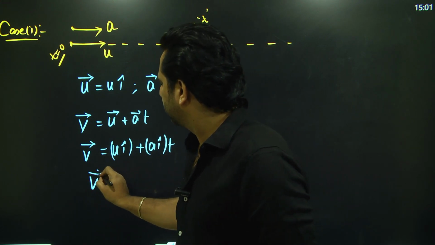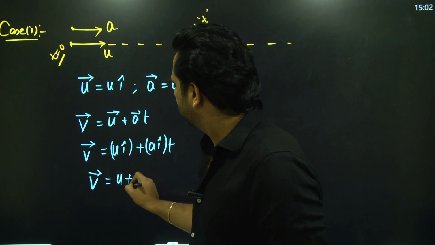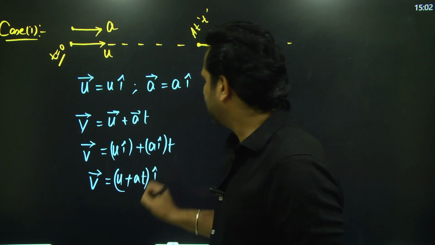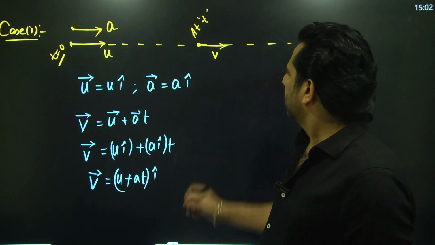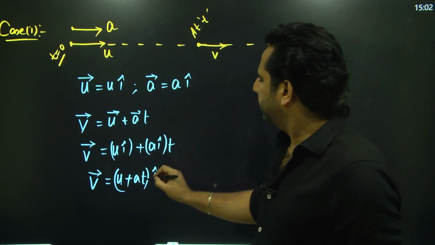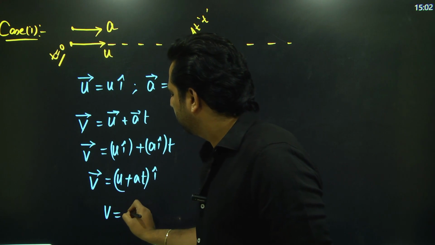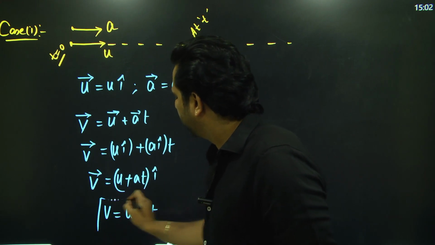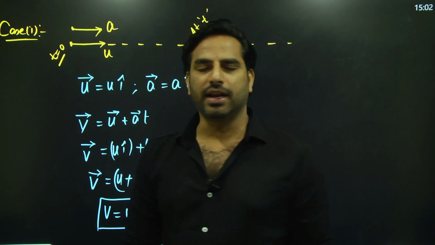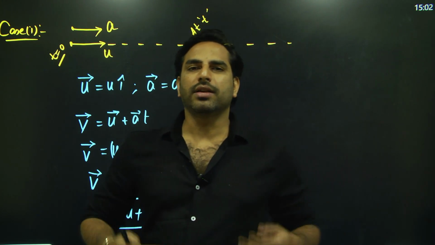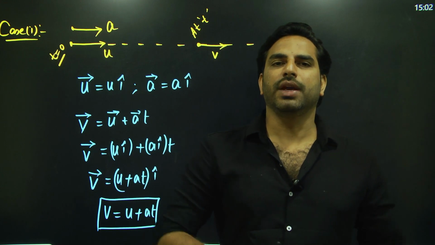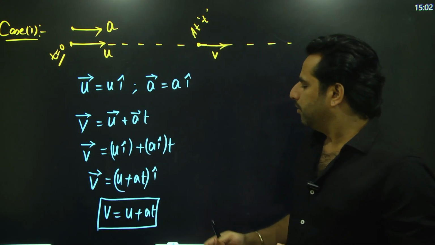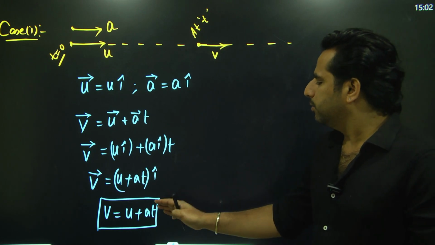So v bar = (u + at) i cap. It means the magnitude of the velocity at that instant v is equal to u + at. So this is where we get v = u + at. This is only one case out of many possible cases. This is one specific case where v happens to be equal to u + at.